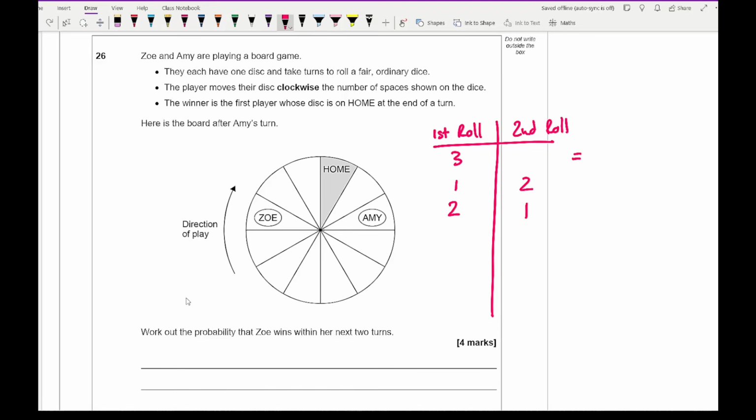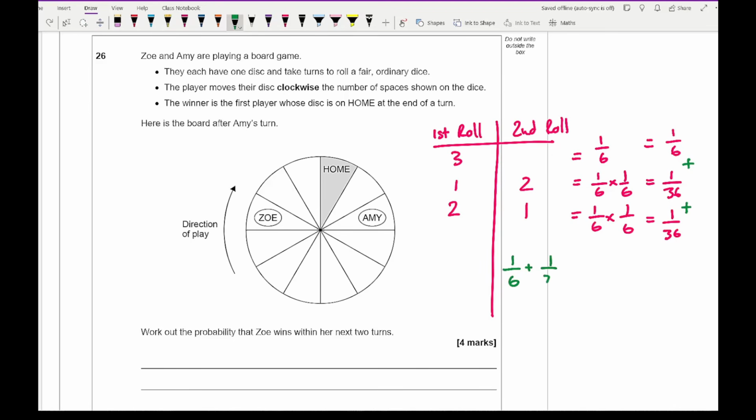And so if I work out the probability, this is going to be 1 over 6, this is going to be 1 over 6 times 1 over 6, and that's going to be 1 over 6 times 1 over 6. So that then equals 1 over 6, that's 1 over 36, and that's 1 over 36. Now, it can be either of those, so I need to add those probabilities together. So it's going to be 1/6 plus 1/36 plus 1/36.